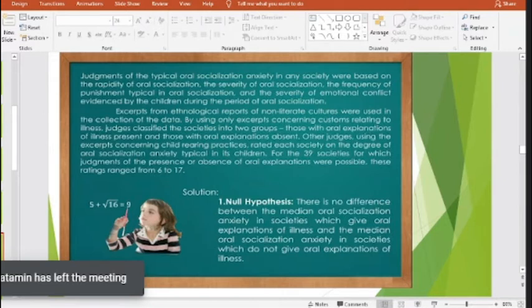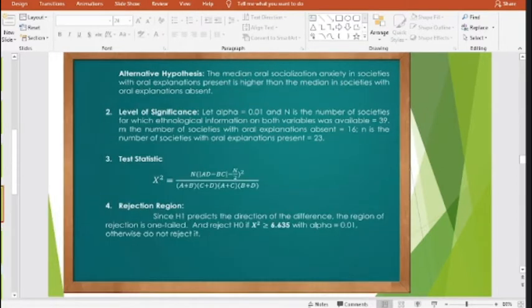Level of significance: let alpha be equal to 0.01, and N is the number of societies for which information on both variables was available, equal to 39. M is the number of societies with oral explanations absent, equal to 16, and n is the number of societies with oral explanations present, equal to 23.